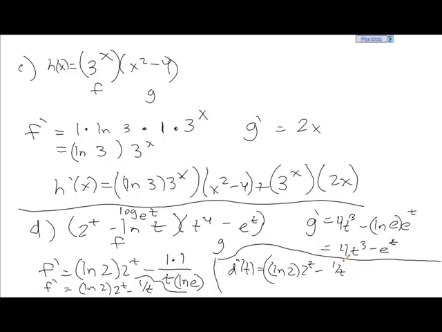So there's f prime. Now my g is t to the 4th minus e to the t, plus fg prime. Well, f is 2 to the t minus ln t, and g prime is 4t cubed minus e to the t. And we are done.